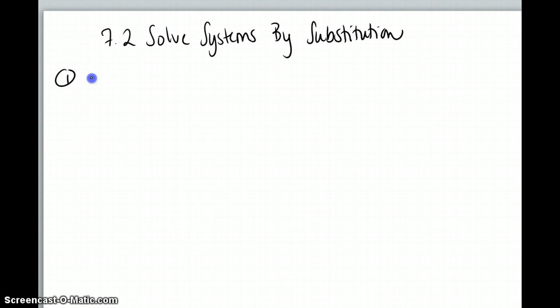So let's just take a real basic one at first. y equals 4 and 2x plus y equals 1. Yesterday, you guys graphed these and saw where the point intersected, making sure you solved for slope-intercept form first. But today, the only thing that we're looking for is a variable to be isolated.